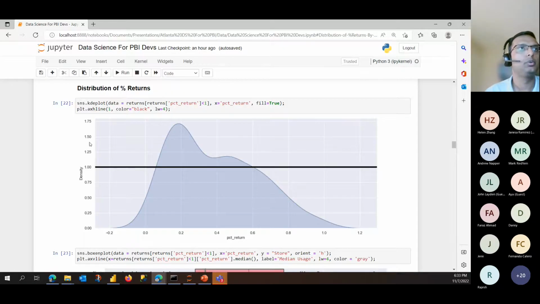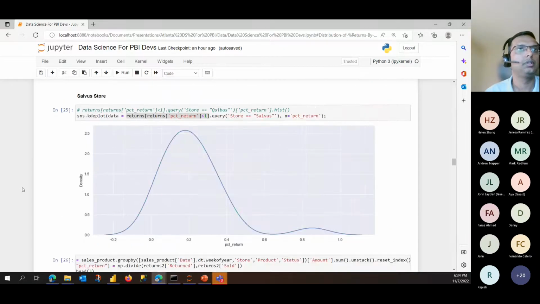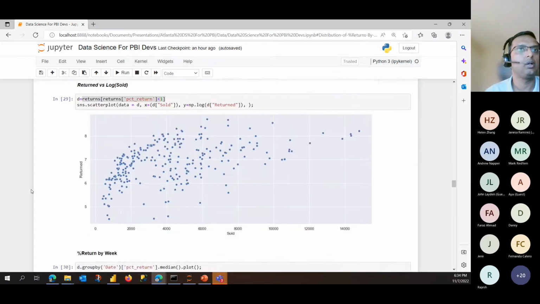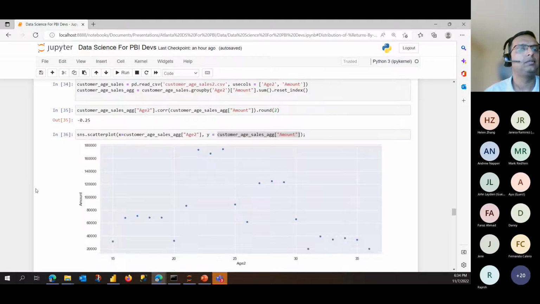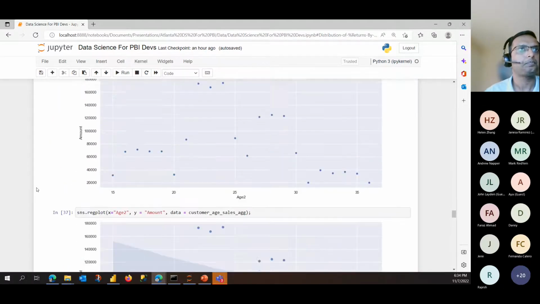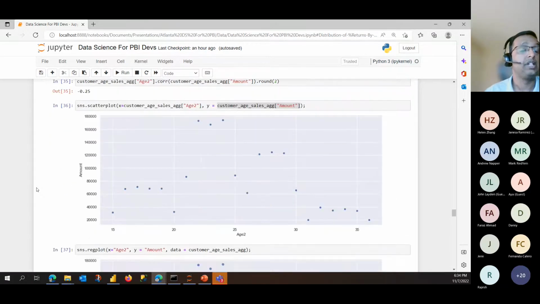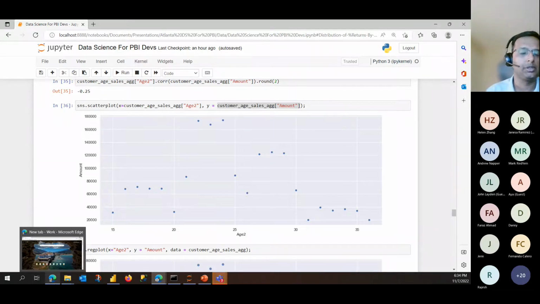So let me go back to the Jupyter notebook where I started all of this. In this data set, we have a customer dimension as well, and these customers have age as demographic information.